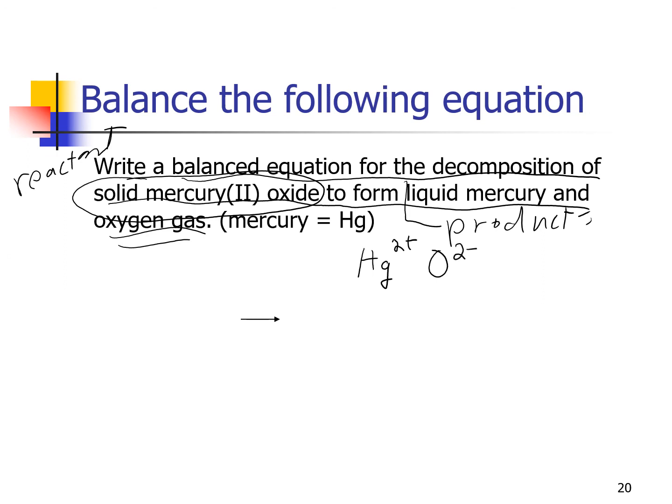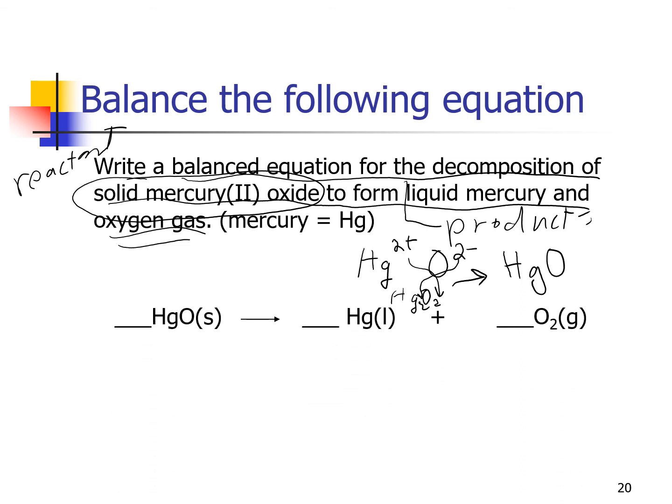So in order to create our compound, that's when we cross our charges. We rewrite the formula and we bring the superscripts down, so we get Hg2O2, and we can reduce those subscripts to HgO. So that is our reactant, and that's a solid. So we could write HgO solid.